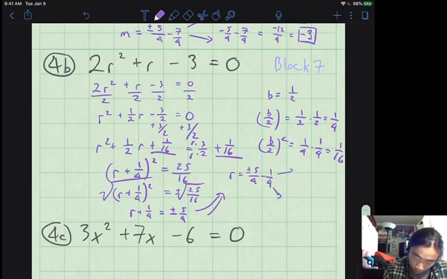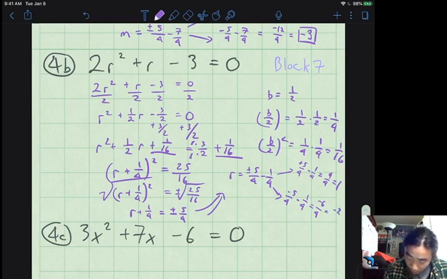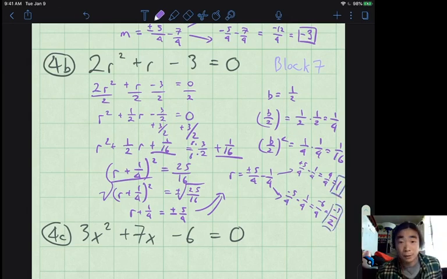So our two answers: positive 5/4 minus 1/4, 4 over 4 gets me to 1; negative 5/4 minus 1/4 equals negative 6 over 4, negative 3 halves. A lot of steps. That's why I assigned you the odds for today's classwork, so you can check it all over.